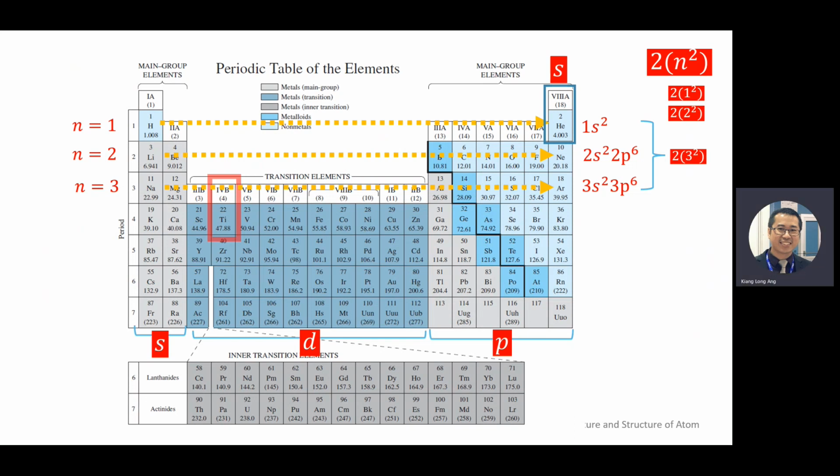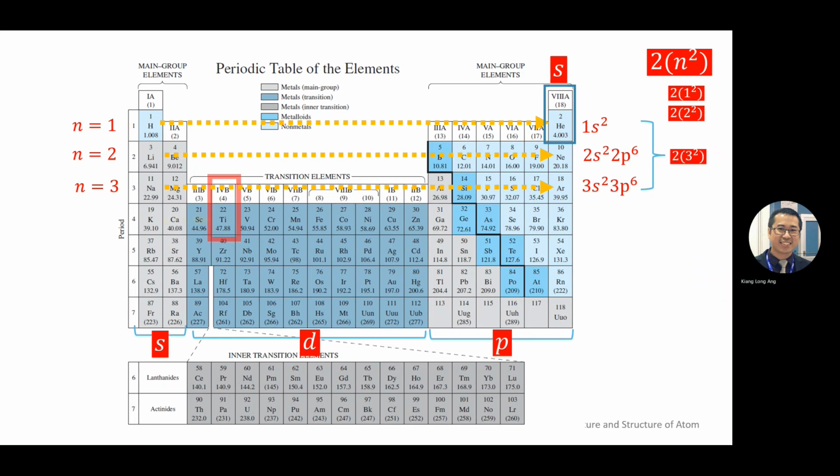As in our slide just now, D is the transition metals. So our titanium is a transition element, so we need to take care of the D segment. In your periodic table, you have S, P, and D. Just now we know that there's an overlapping of the orbitals, right? But don't worry, you just look at the periodic table and keep on counting.